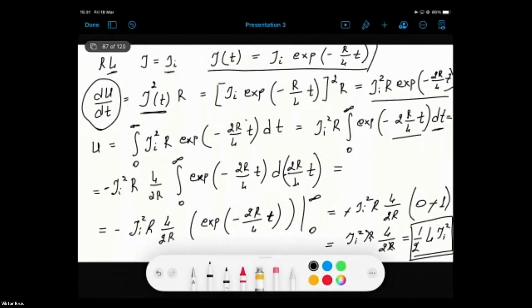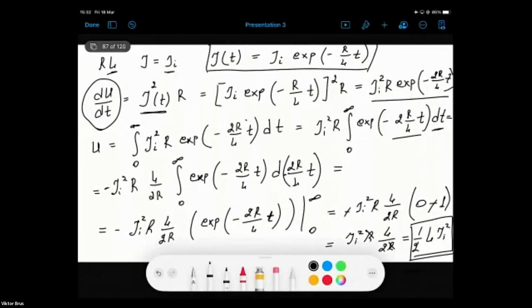For that purpose, of course, we need to know the time dependence of electric current, but we derived it previously. When we used it and calculated total energy from 0 to an infinitely large interval of time, we indeed see that this energy is equal to the energy of magnetic field accumulated in the inductor.